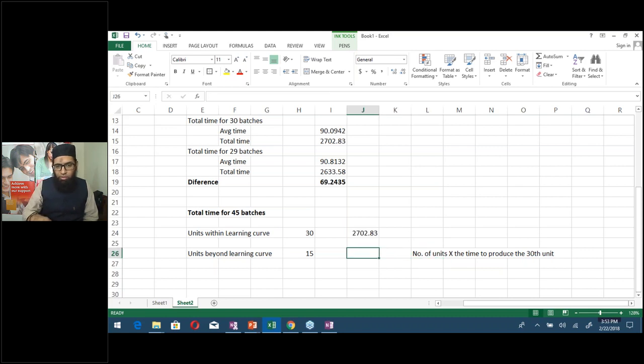So this calculation will be 15 multiplied by 69.24, and the answer is 1038.65. That means the total time will be 3741.48. So yes, Abid, you are correct.